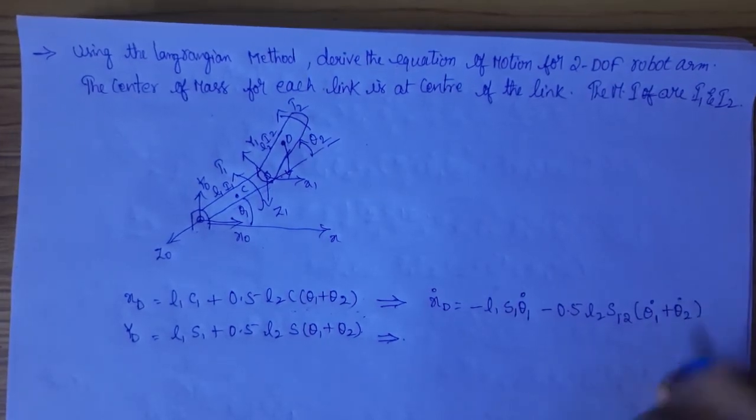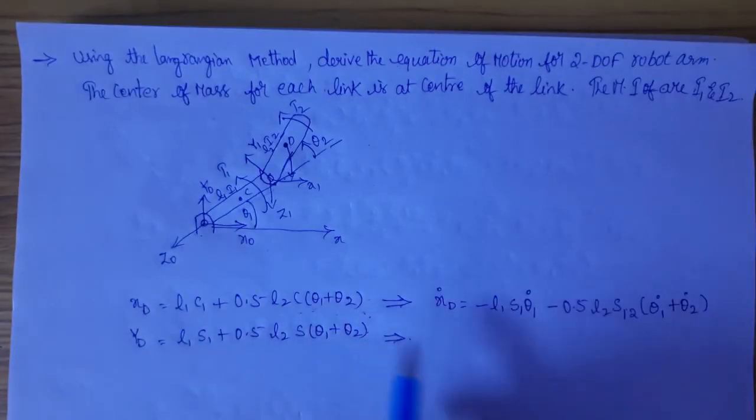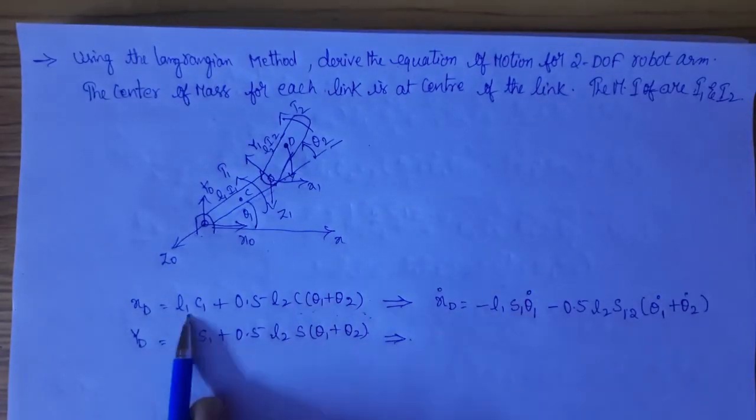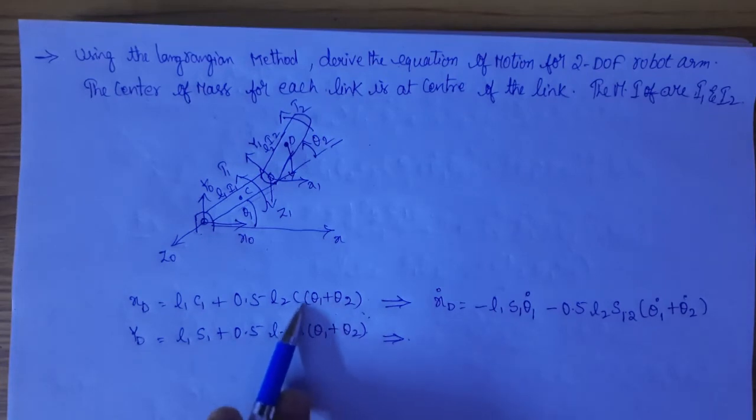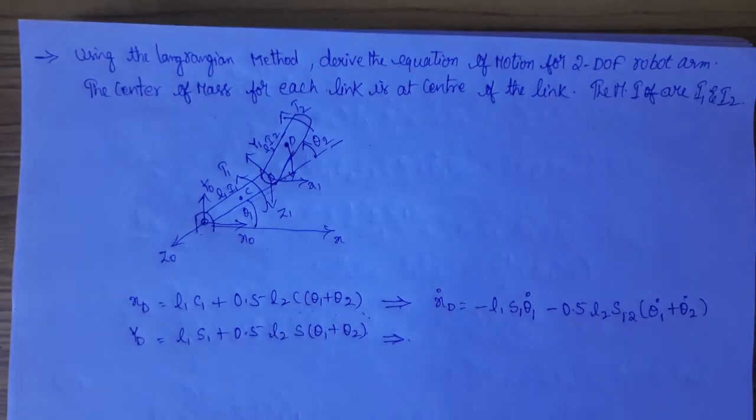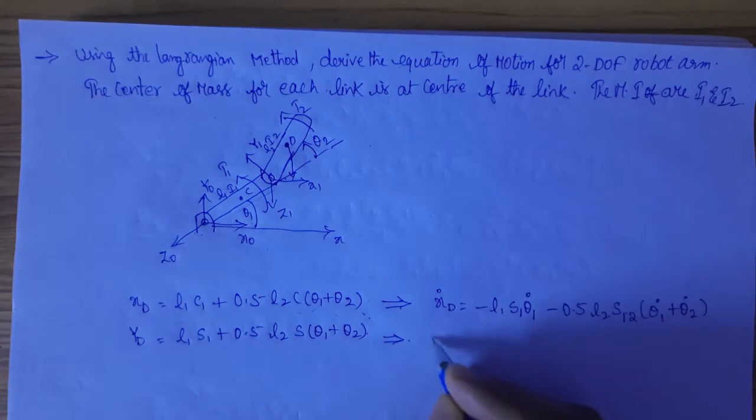This is the time derivative of the x coordinate, where the derivative of cos gives minus sin.